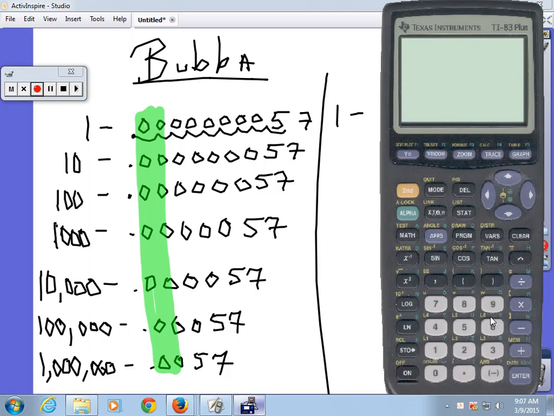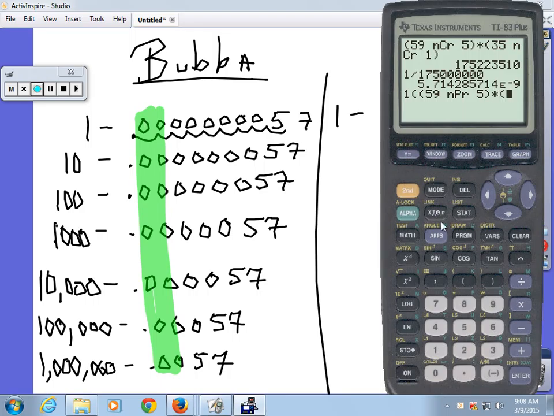So we're going to take our handy dandy calculator and we're going to do 1 over, parentheses, parentheses, well, I better do 2 sets of parentheses, and we're going to do 59, math, probability, NPR, 5, close parentheses, times parentheses.